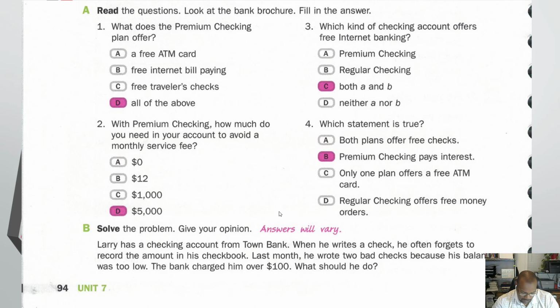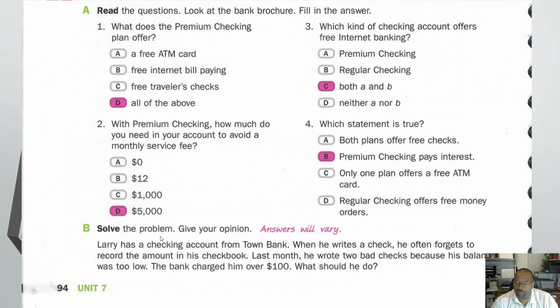Check your answers. See what you got. Did you match mine? Was it different? You can go back and look at that chart for the brochure for checking accounts, and look at what regular checking has to offer and what premium checking has to offer.